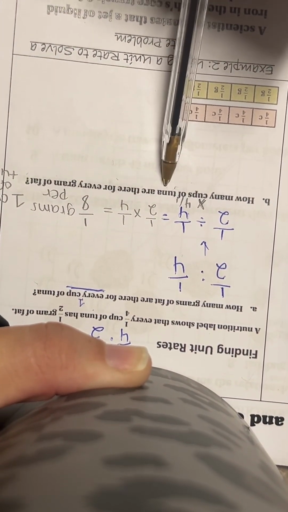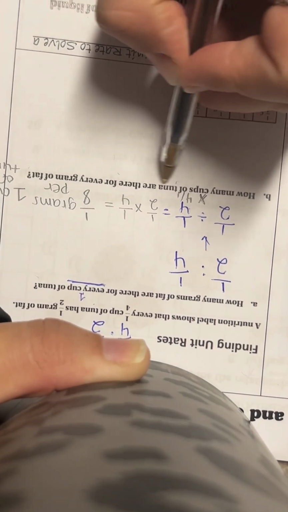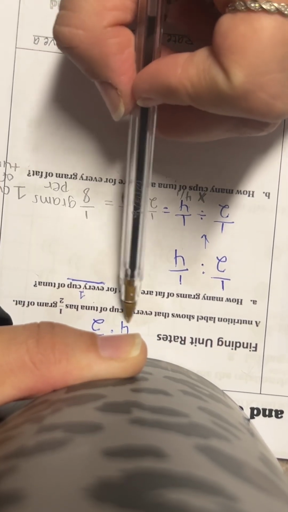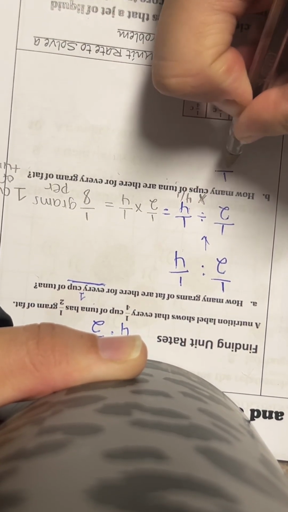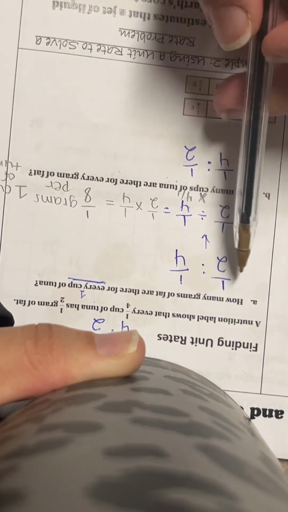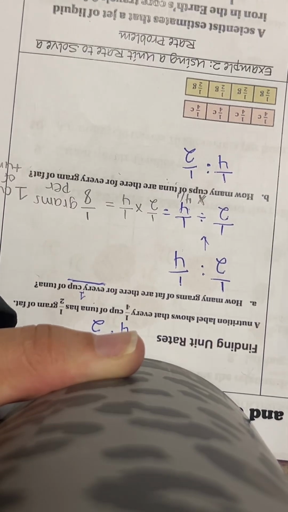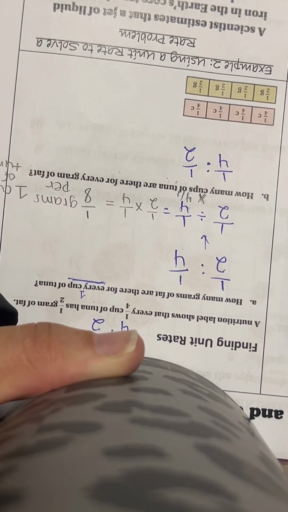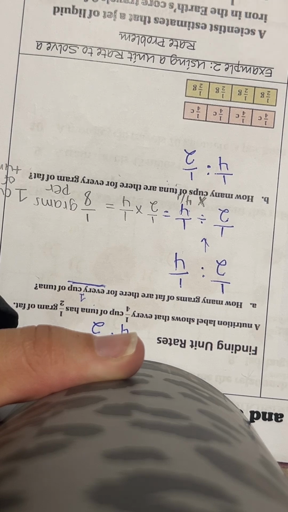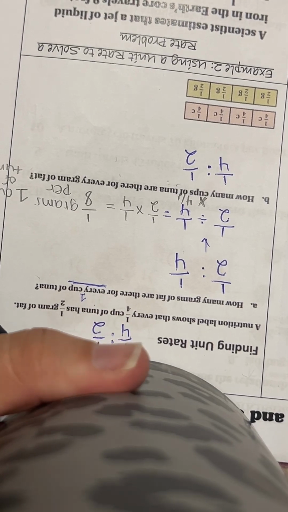Remember at the top of the question, we're looking for tuna first because that's what comes first in the question, and then grams of fat.